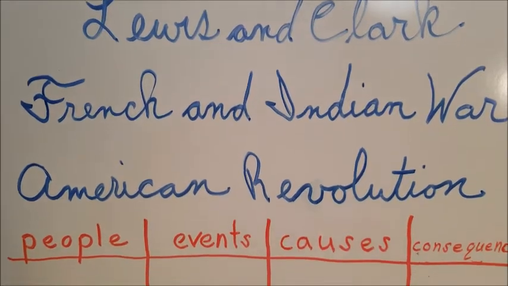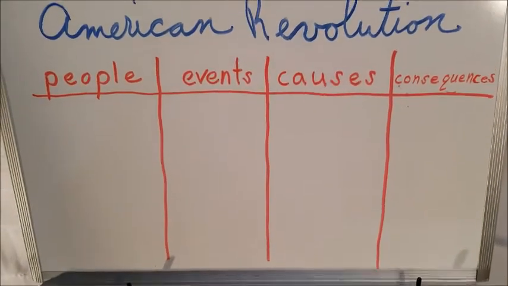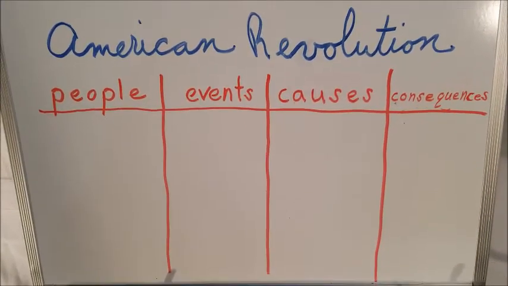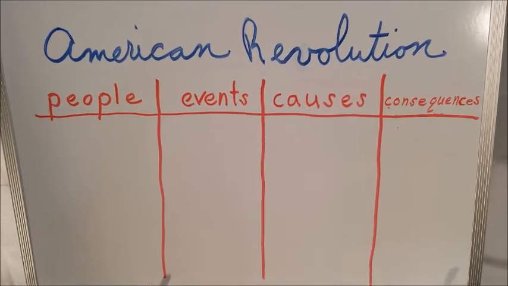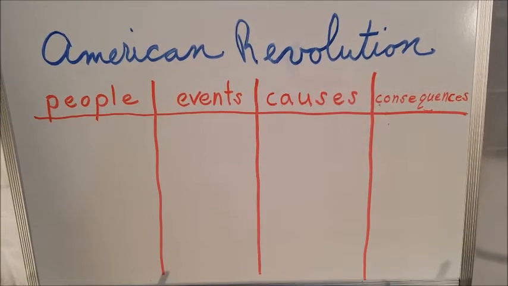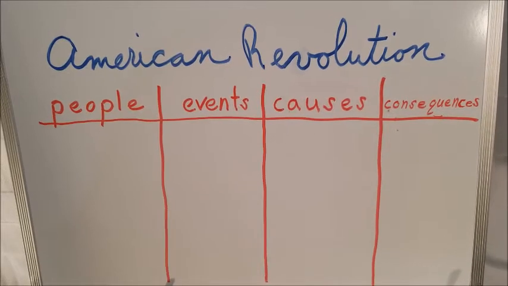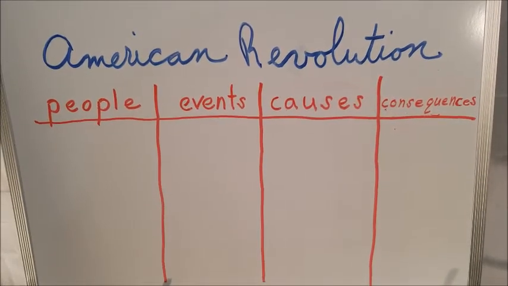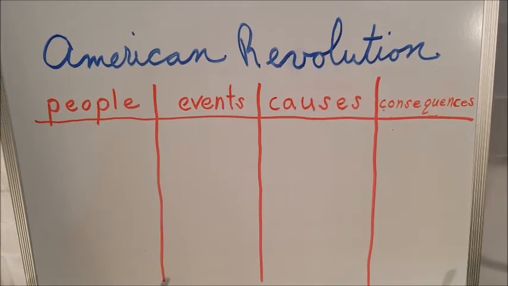We are going to need to have a note sheet like this for the American Revolution, just similar to the one we did for Lewis and Clark. The Lewis and Clark one, we looked at people, events, learned, and questions. For the American Revolution, we're going to focus on people, events, causes, and consequences.